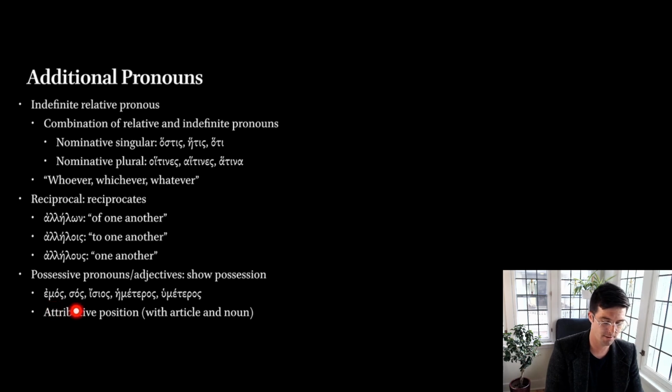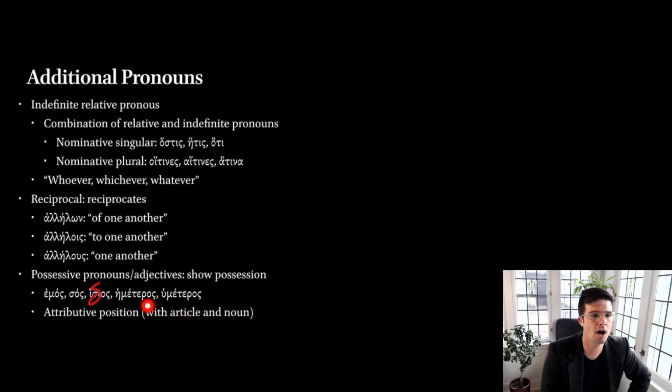Emos in the first person, sos in the second person, idios, this should be idios, in the third person, hemeteros in the first person plural, and humeteros in the second person plural.